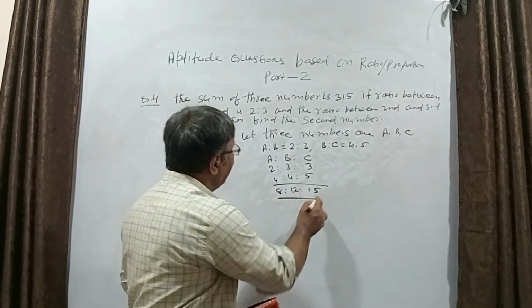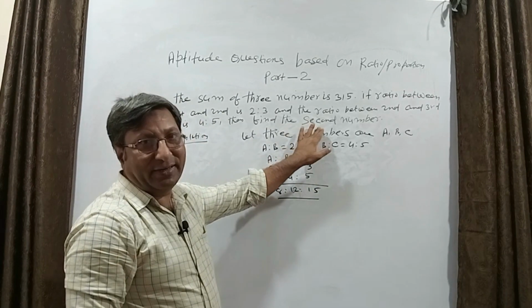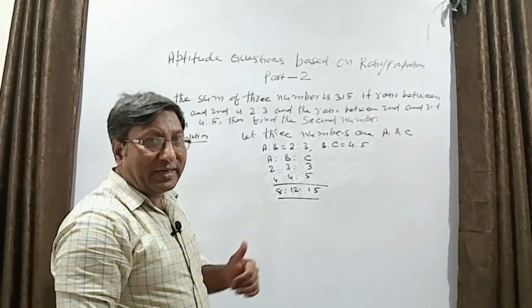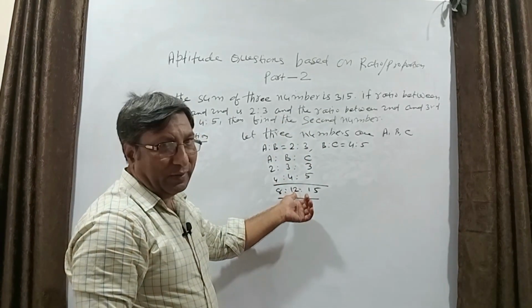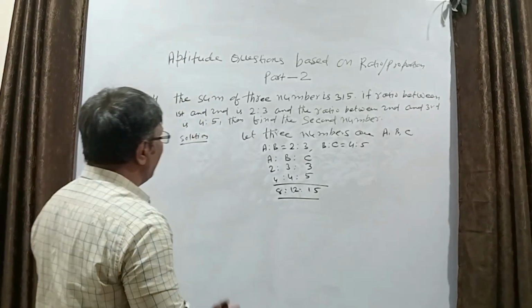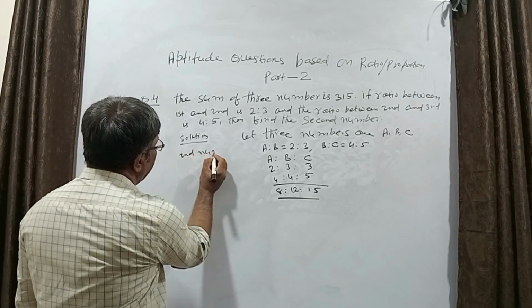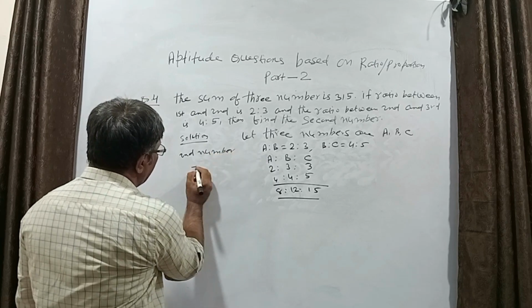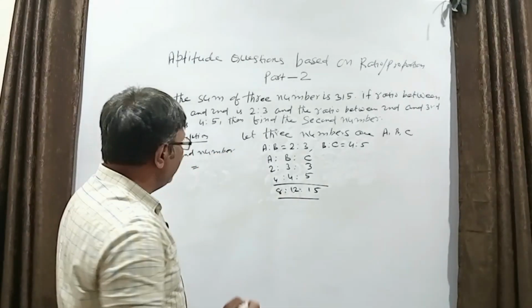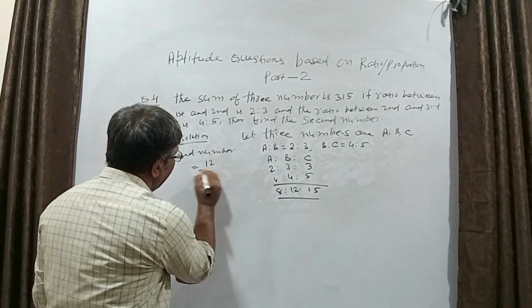Now we have to find the second number. The second number ratio is 12, so just take 12.